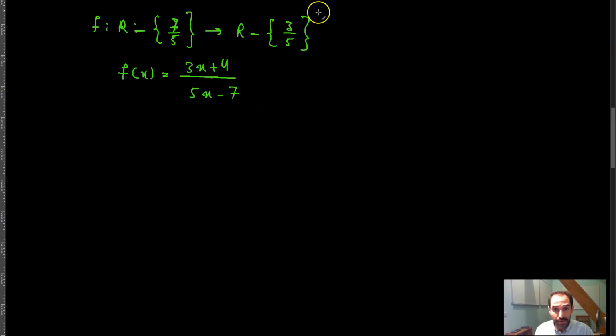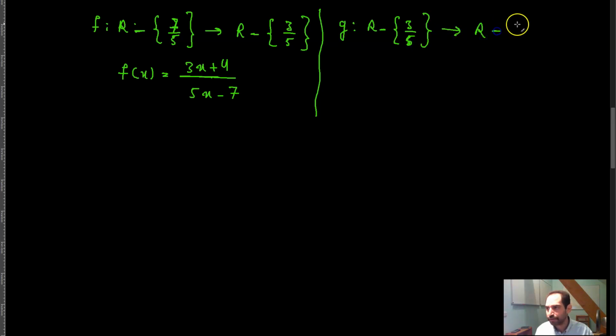And you have another function g, which is a function from R minus 3/5 to R minus 7/5, which is defined by g of x is equal to 7x plus 4 over 5x minus 3.